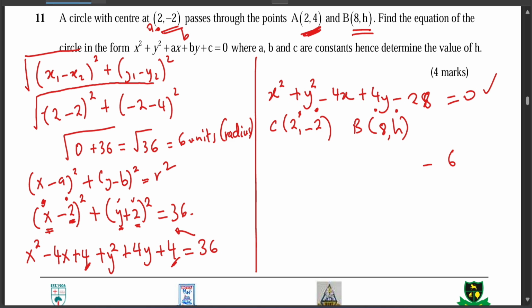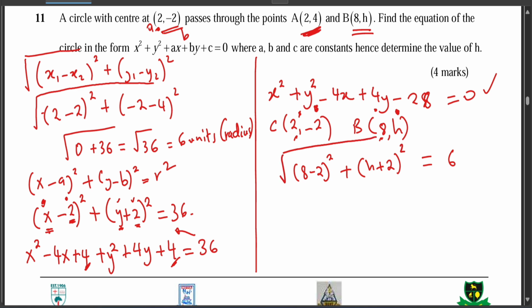Okay, so let's say we do 8 minus 2. So, but still whichever one is still the same. 8 minus 2 squared, then plus h minus negative 2. So h minus negative 2 ni h plus 2 squared. Then we square root it. So hii itakuwa 6 squared, which is just 36. So this one becomes 36.